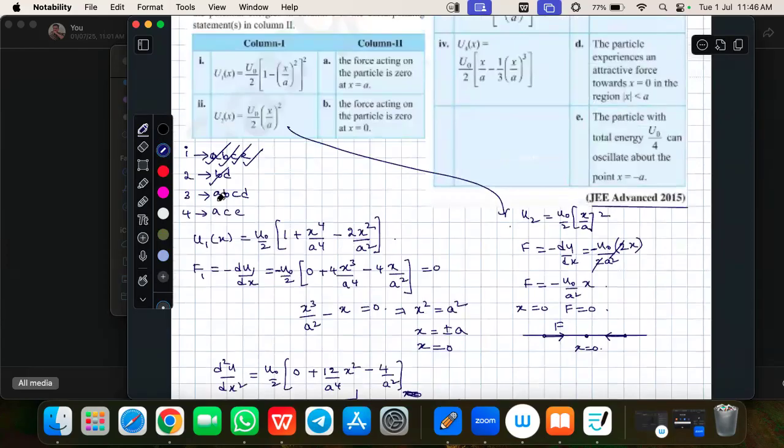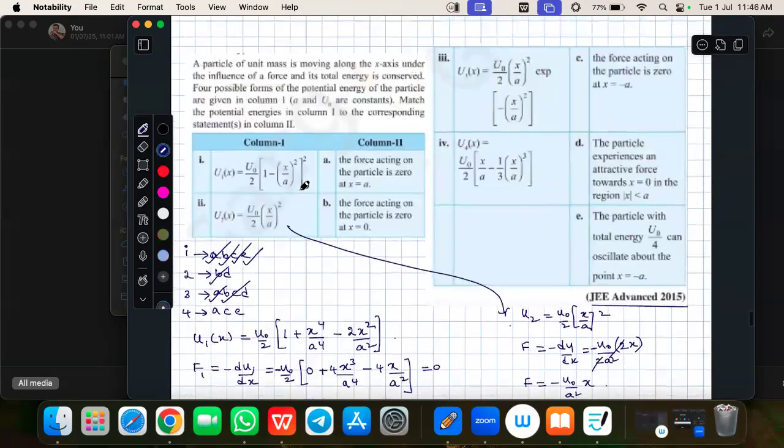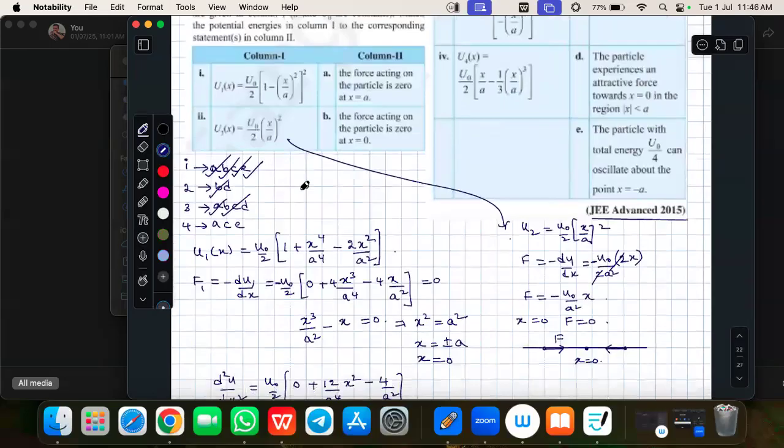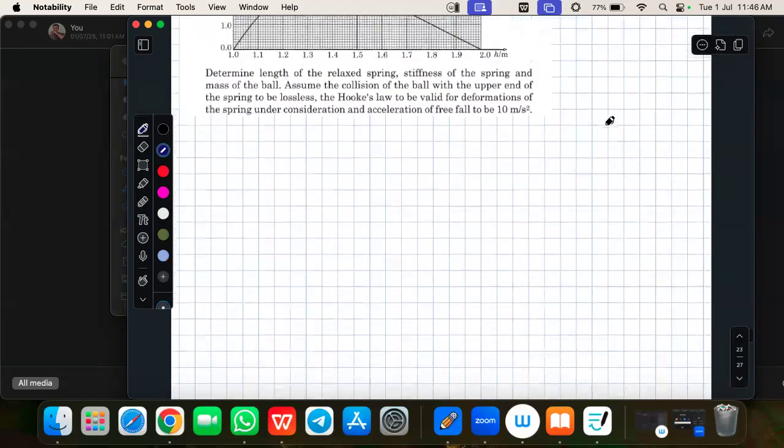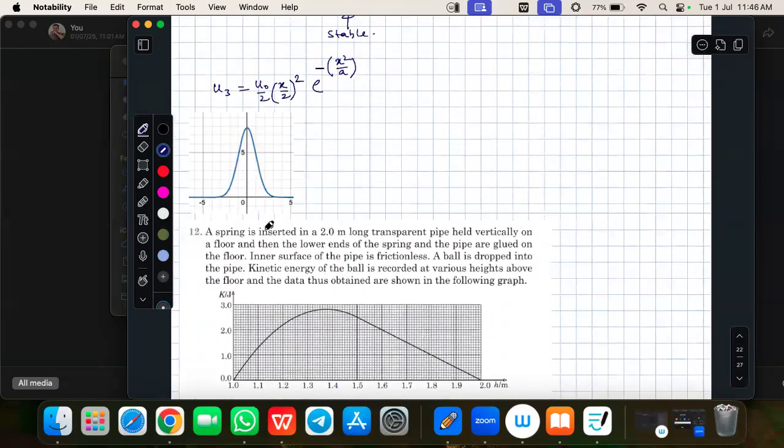Now here we can easily say that at x is equal to 0 also the force is 0, because on the right side you will get a function like that. Next, C. Yeah, again the same situation. C, D: the particle experiences an attractive force towards x is equal to 0 in the region. How do I confirm that?